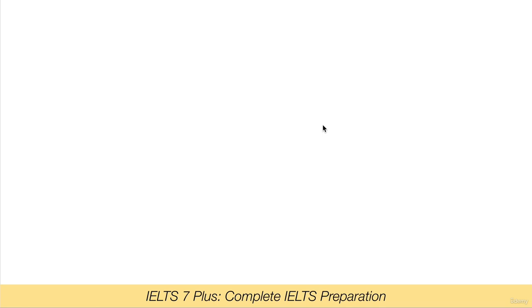So in these videos we are going to look at two task 1 questions for this video. So task 1 in the IELTS exam is you have 20 minutes and you're expected to write a minimum of 150 words.